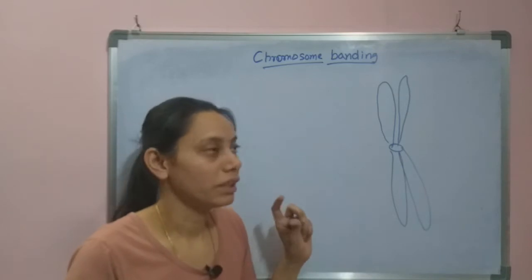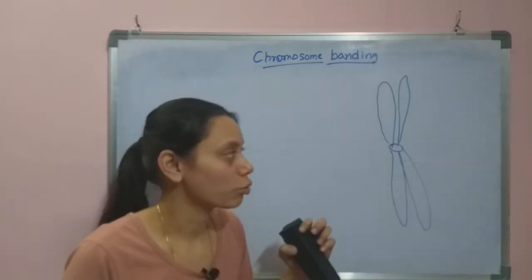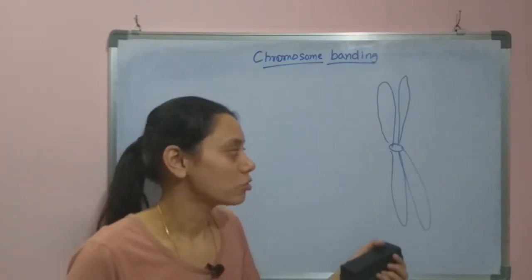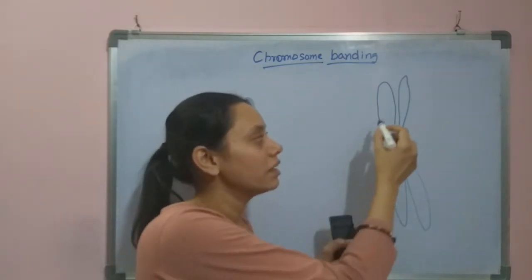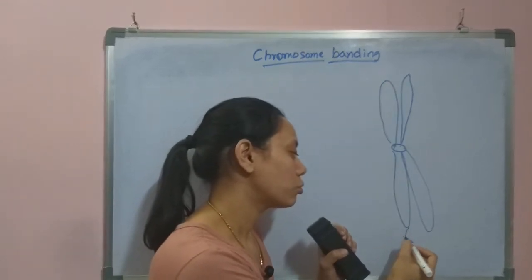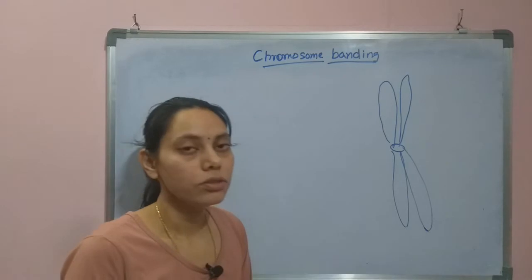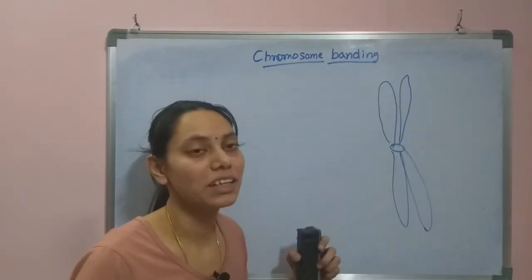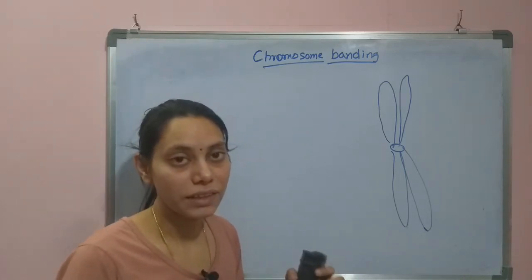In metaphase, the DNA in the chromosome is highly condensed, tightly packed into the form of this metaphase chromosome, and the DNA is already duplicated. That means there are two chromatids present on each chromosome. So this is all about the metaphase chromosome in which the DNA is highly organized and tightly packed.